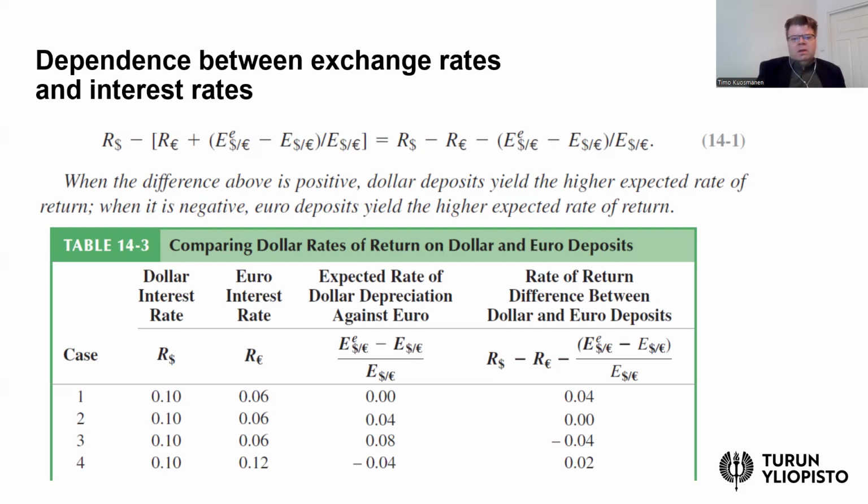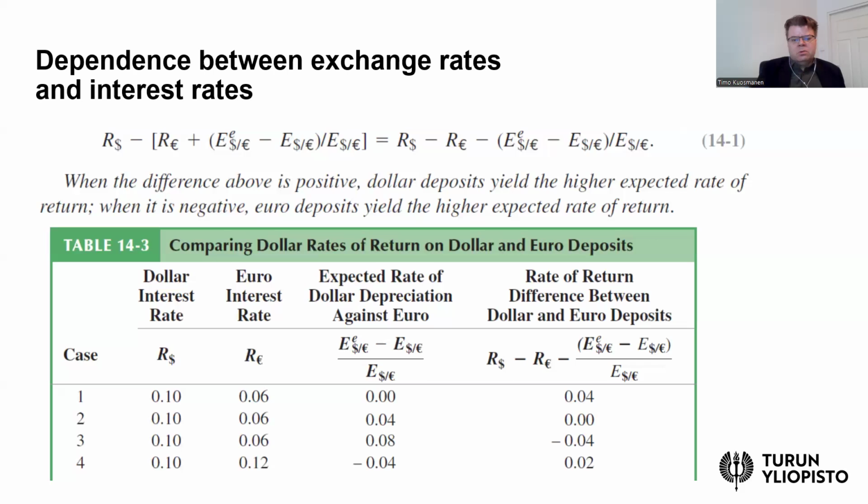Then we think about the rate of return of the government bond in the US or Germany. By comparing the expected returns of such government bonds, the investor should take into account not only the nominal interest rate of the bond, but also the expected currency appreciation or depreciation.